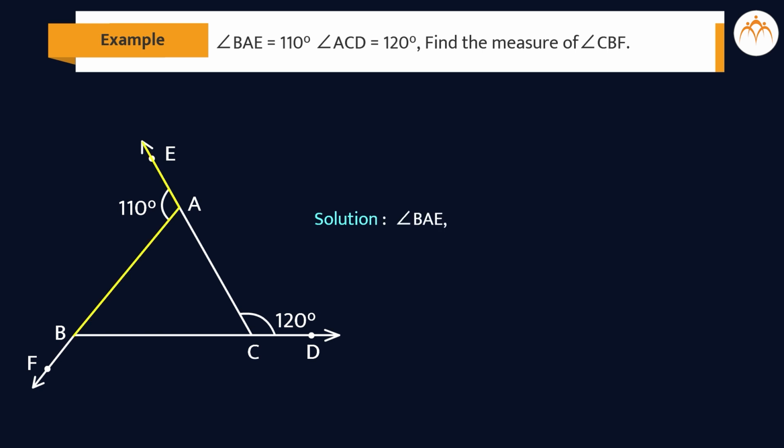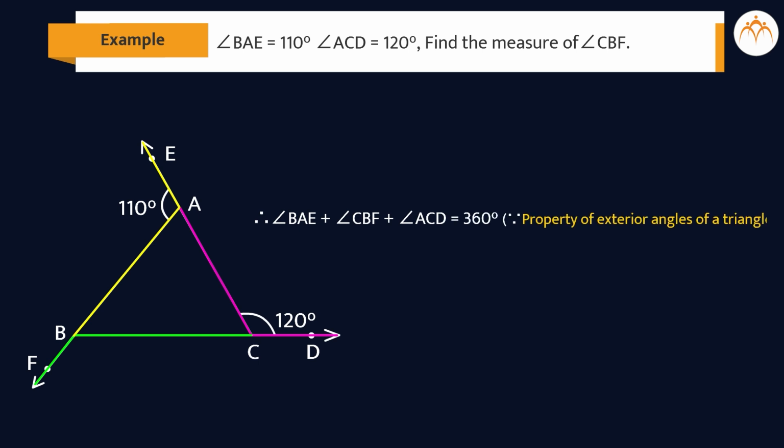Angle BAE, angle CBF and angle ACD are exterior angles of triangle ABC formed by extending the sides in the same direction. Therefore, measure angle BAE plus measure angle CBF plus measure angle ACD is equal to 360 degree, property of exterior angles of a triangle.